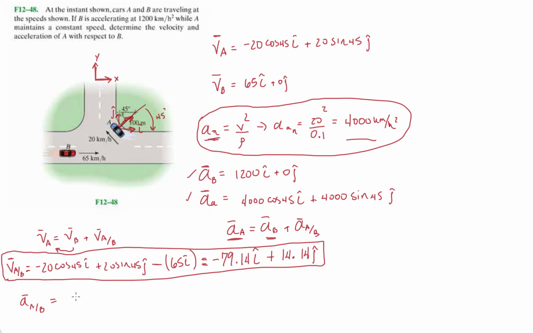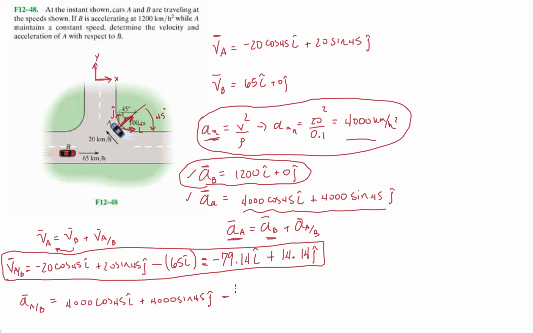Where is our A term? Right here. So we're going to do 4,000 cosine 45 i plus 4,000 sine 45 j minus aB, so minus this term, 1200 i.